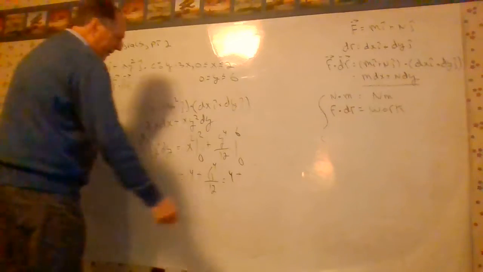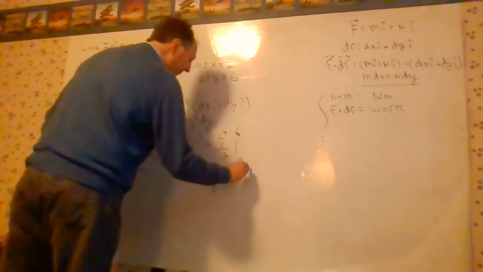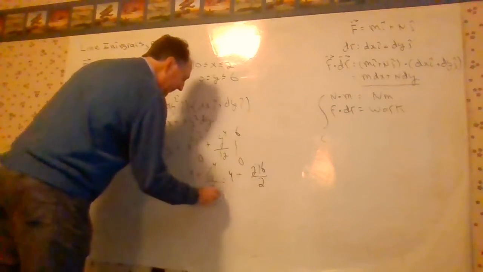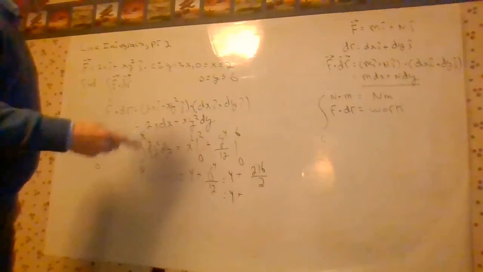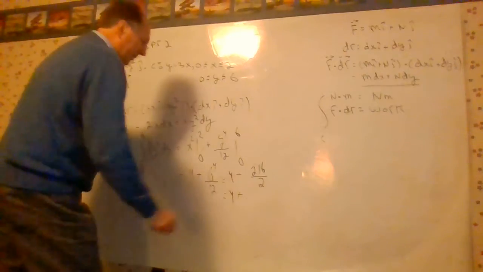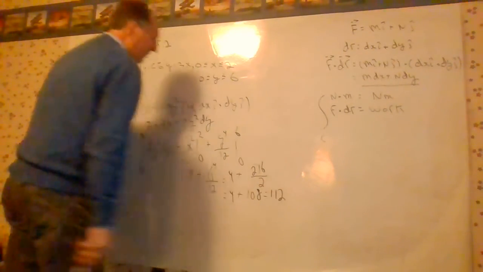You can reduce that. You can divide one factor of 6 into this, gives you 6 cubed over 2, which is really 216 over 2. Okay, 6 to the 3rd power, 6 times 36 is 216. And then that's 108, so we get 4 plus 108, which is 112.